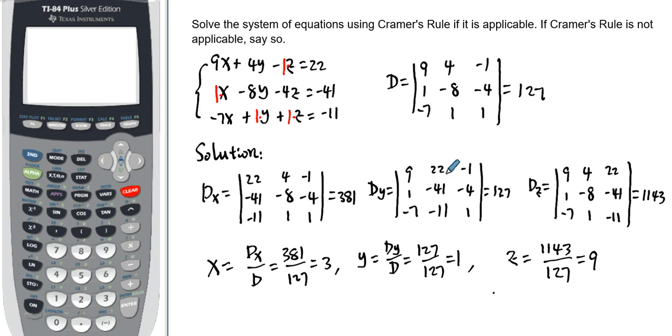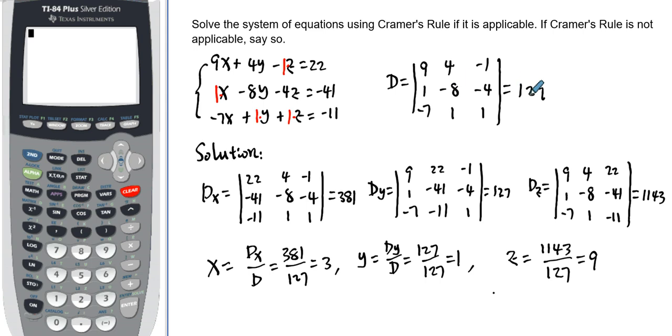For dz, we replace the last column with 22, negative 41, negative 11, and leave the first two columns alone.